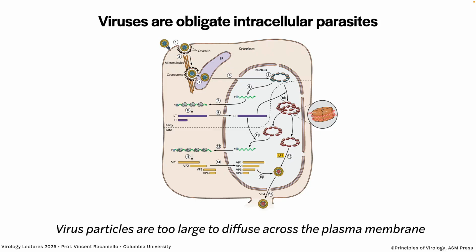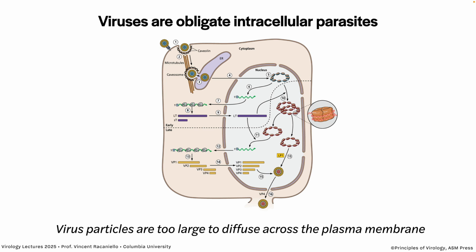Now, you know already from our definition of viruses that viruses are obligate intracellular parasites. They need to get into a cell in order to multiply, but they're too big to just diffuse into the plasma membrane, right?